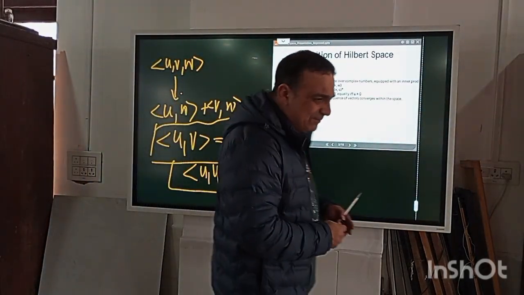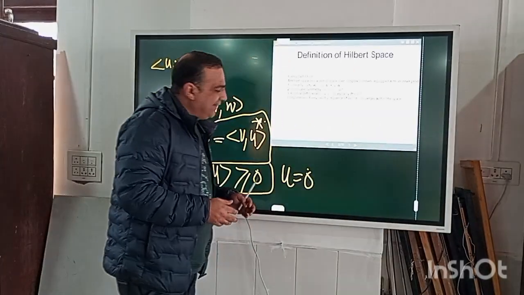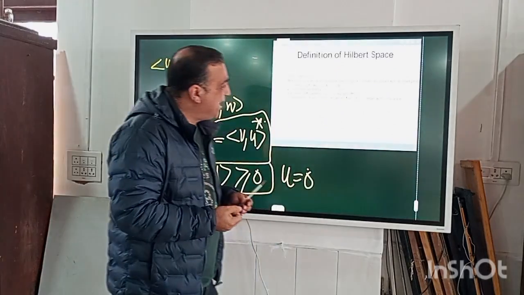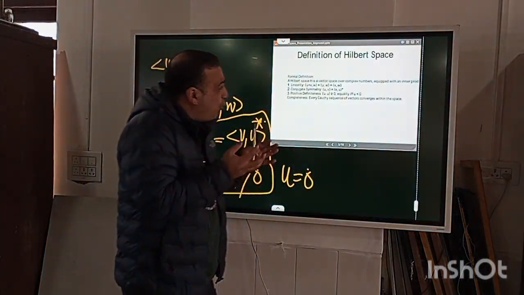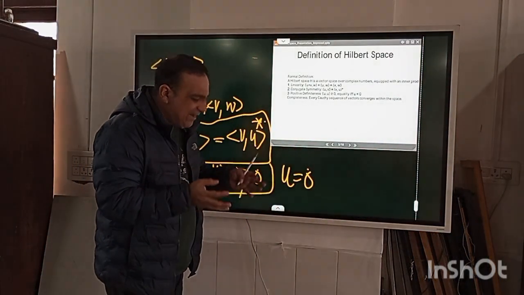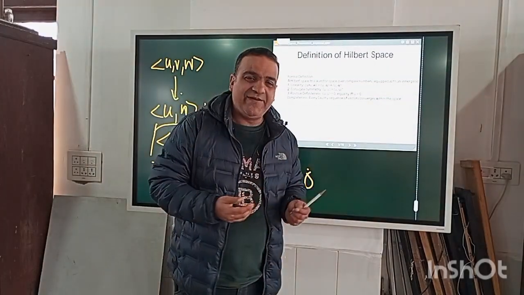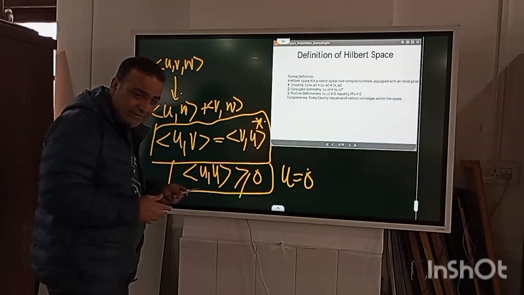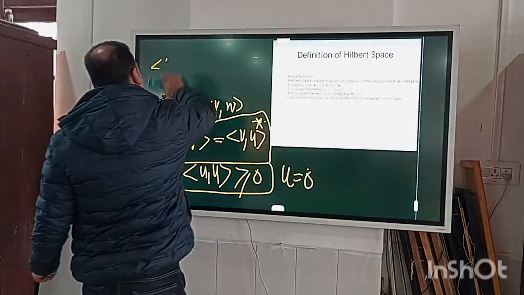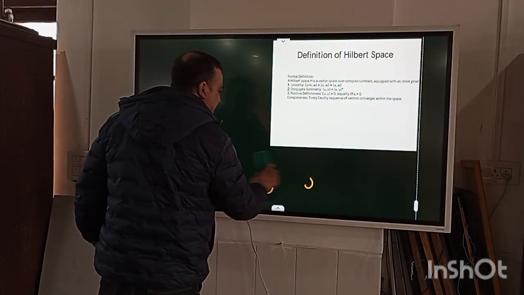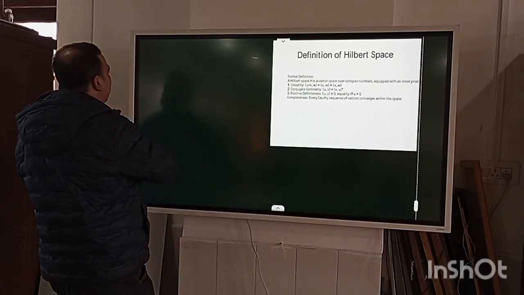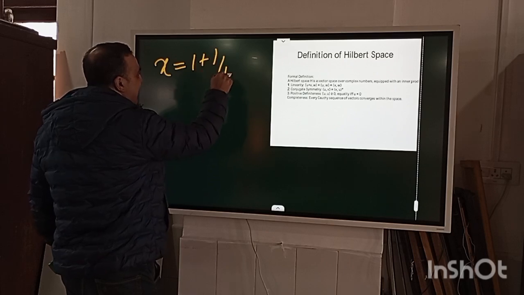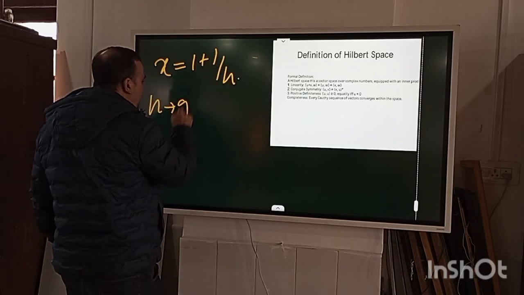Completeness means that every function that you are playing with in a Hilbert space must have the nature of a Cauchy sequence. To understand the Cauchy sequence in a mathematical, abstract way, if I choose something like x equal to 1 plus n, now this n goes on.